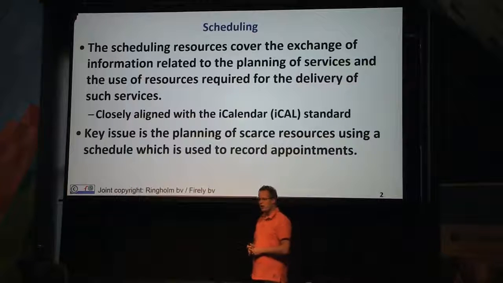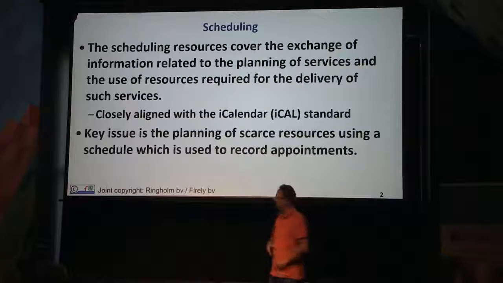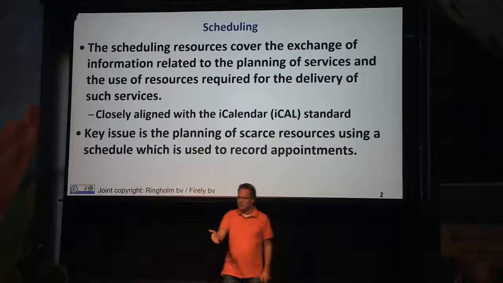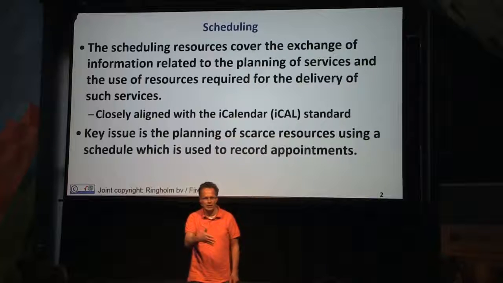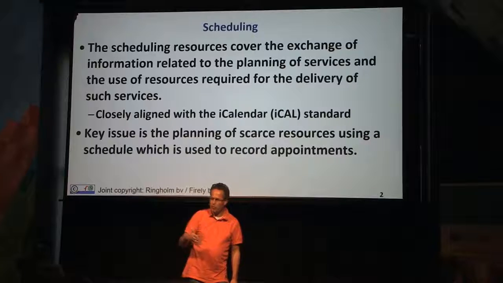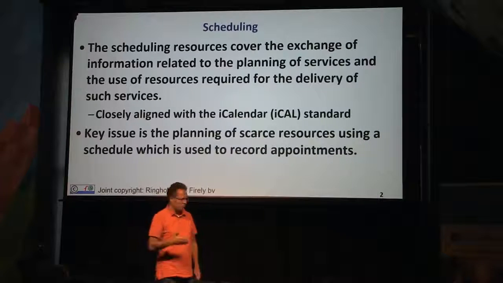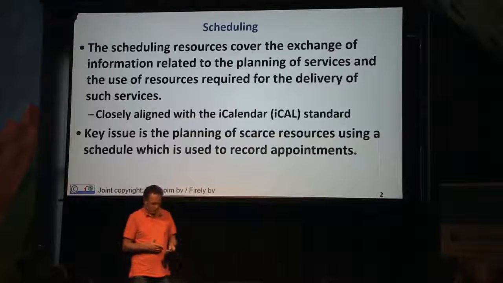And one way of doing so, and FHIR tries to align with it, is to use the iCal standard. iCal, that's the stuff that you get when in Outlook you get a request to join some kind of meeting. That's the iCalendar standard. So FHIR, always trying to mimic industry-wide standards, tries to piggyback on that standard as much as possible.